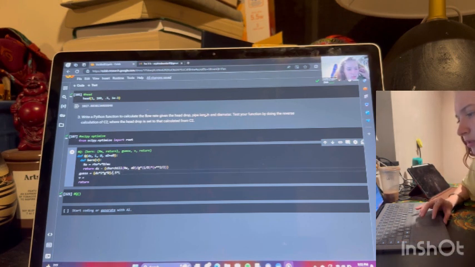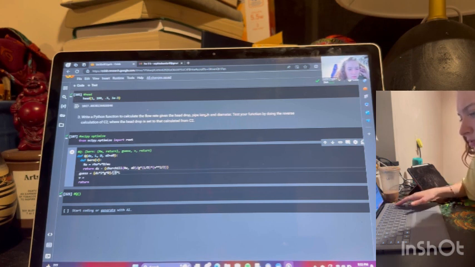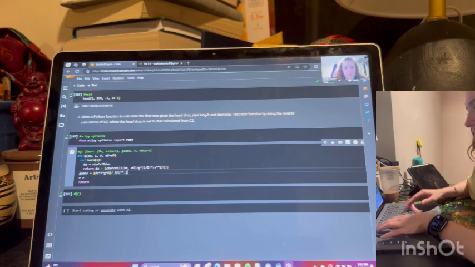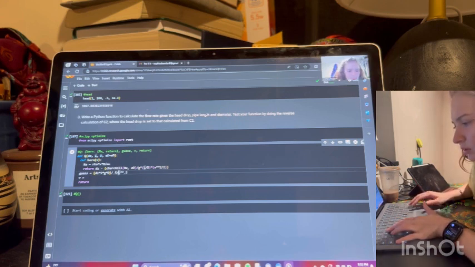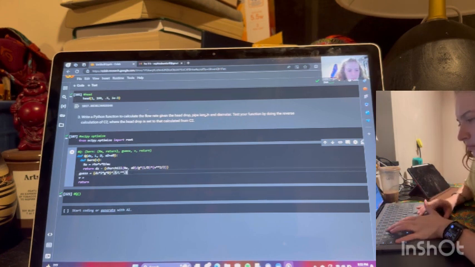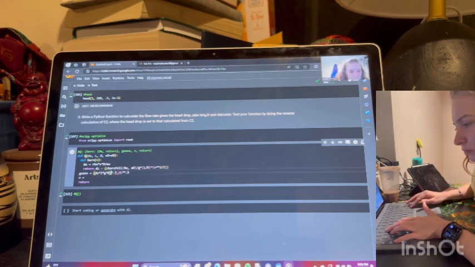DZ 2 G D. This is divided by L. It was divided by, I think. Okay, that looks right.